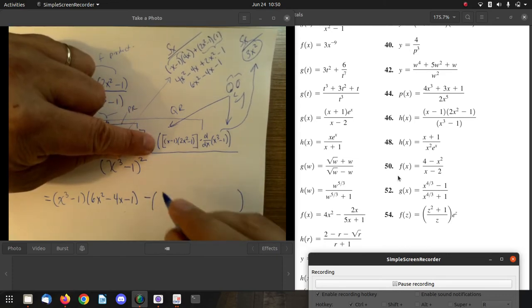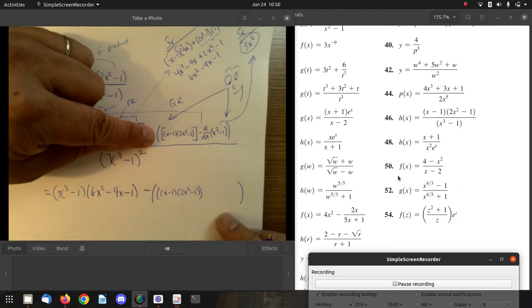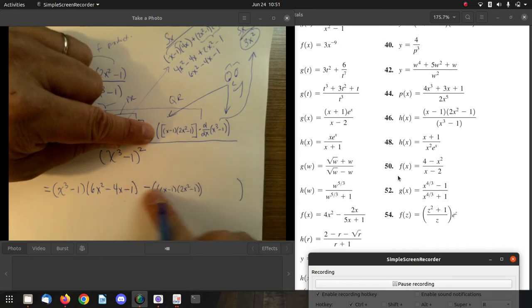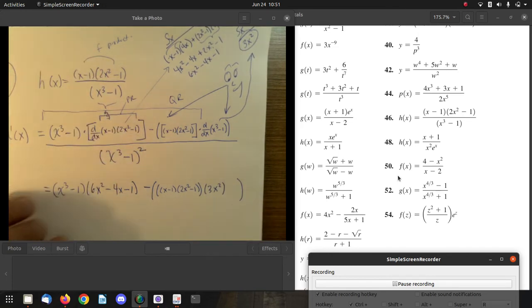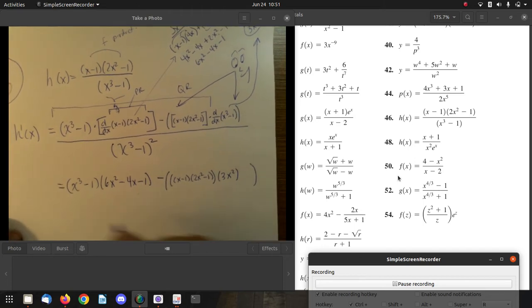So big parentheses around everything. And then we're going to have parentheses around the x minus 1, 2x squared minus 1. The reason I maybe get a little overkill here with parentheses is I don't want to lose any negatives, and you're subtracting this whole expression here. And then times 3x squared. I think that's the correct amount of parentheses.